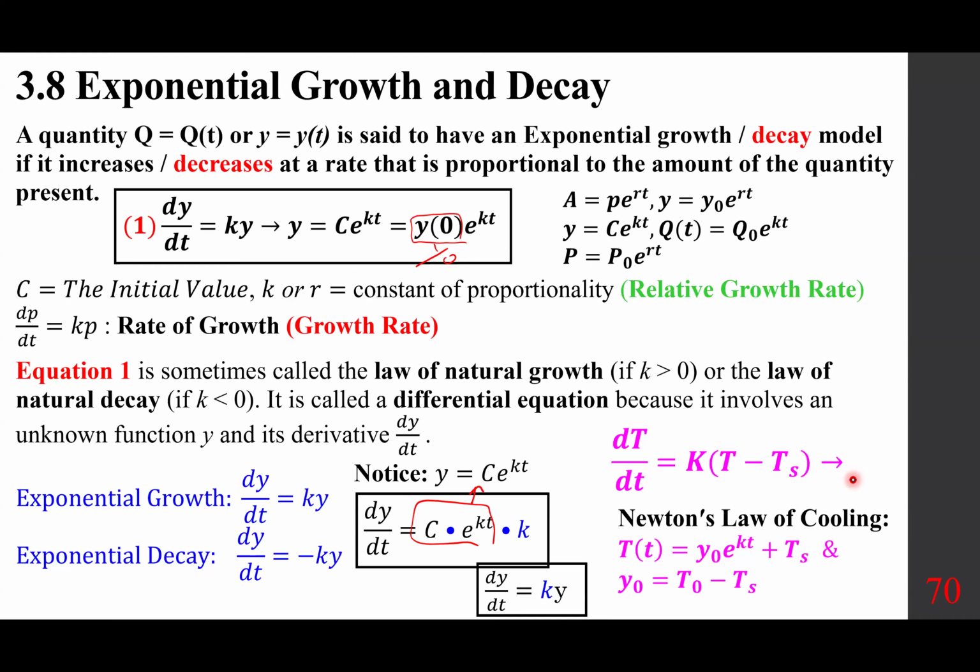Anytime you have an application problem, write the given. The given is that we're going to use this formula. The initial value is 1,000, and 3 hours later, that means y of 3 is 4,000. So this is given. The process is to replace the c with 1,000 and find k.